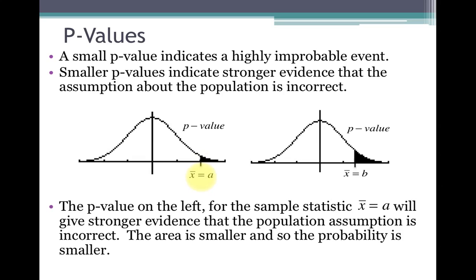The area is smaller, and so the probability is smaller. When you have a small area in this tail, it means that x bar is far enough away from the center of the distribution to indicate a highly unlikely event. A highly unlikely event indicates that the new method or the new product or the new drug is more effective than the existing population parameter.